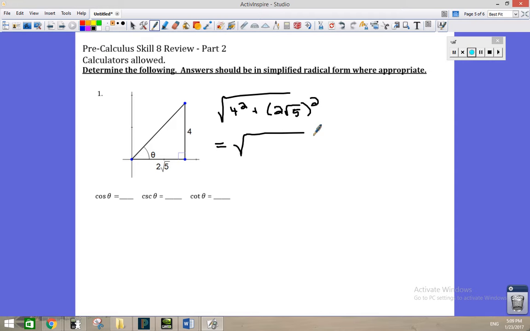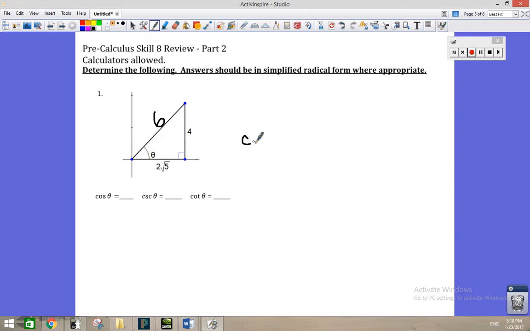I'll get the square root of 16 plus 2 squared is 4. When you square the radical, so that's 20 plus 16 is the square root of 36. So I know that that's 6, and I have the sides now of my right triangle.